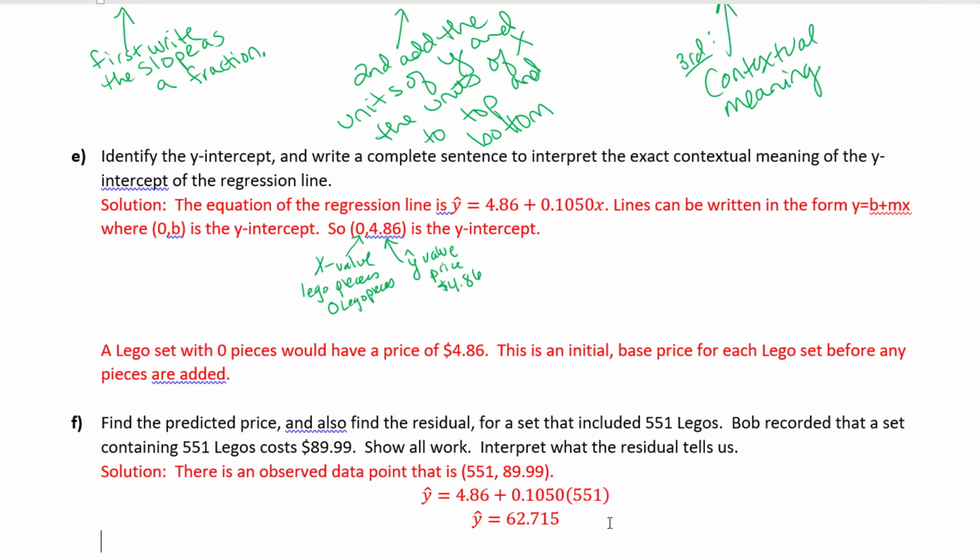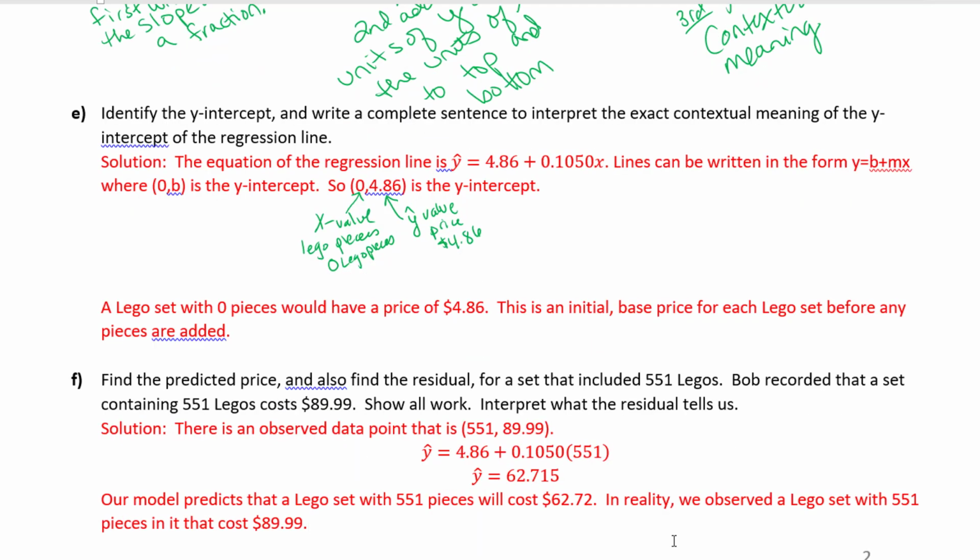This is telling me that our model predicts that a Lego box will cost $62.72 if it has 551 Lego pieces. In reality, though, we were told that there was an observation where a Lego set with 551 Legos in it actually cost $89.99. So the model was a little off, which is always expected. It's not going to be perfect.